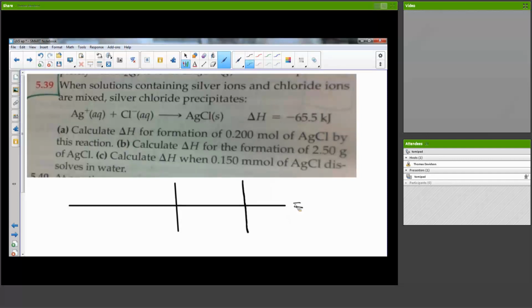143 is a number that you might be looking for. And it's probably some decimal, but 143 is good enough.